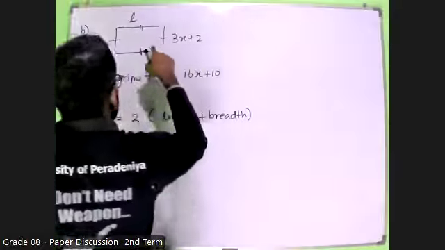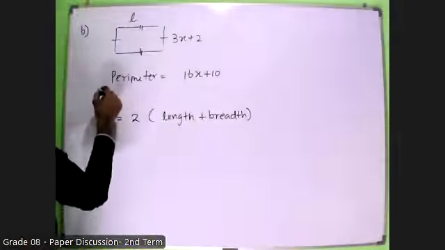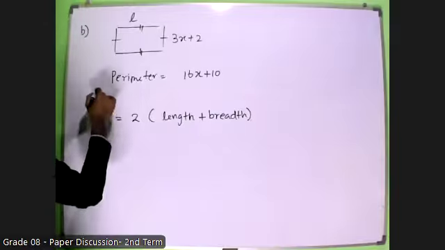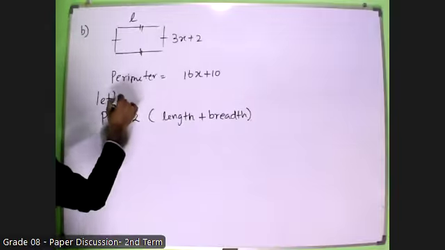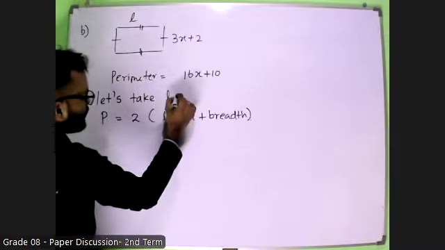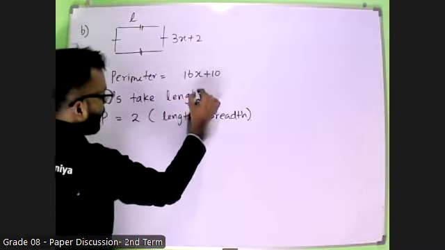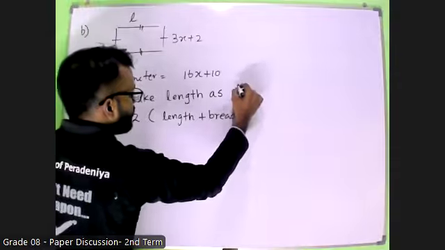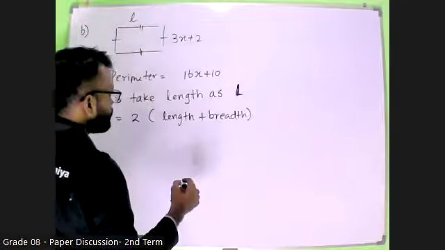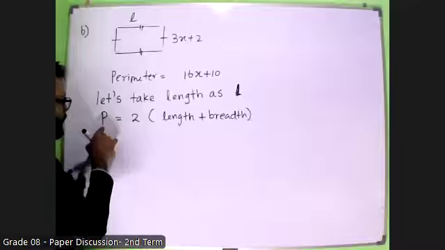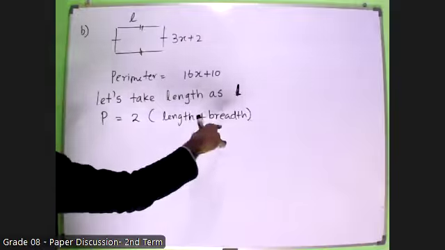Let's take the length as L, simple length. So the perimeter can be written like this.